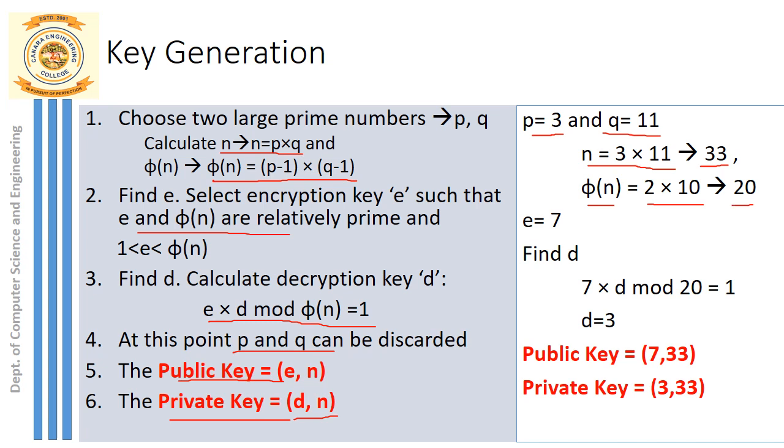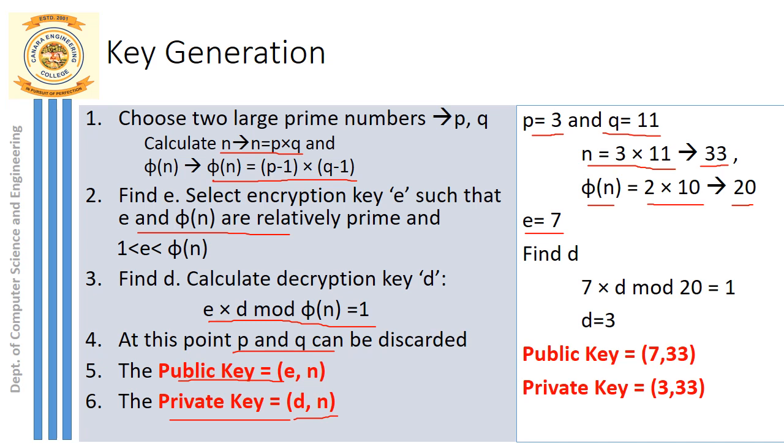Next I find the E value such that E and phi of N are relatively prime. Accordingly I choose E equal to 7. That means GCD of 7 and 20 is 1, which satisfies all the conditions.